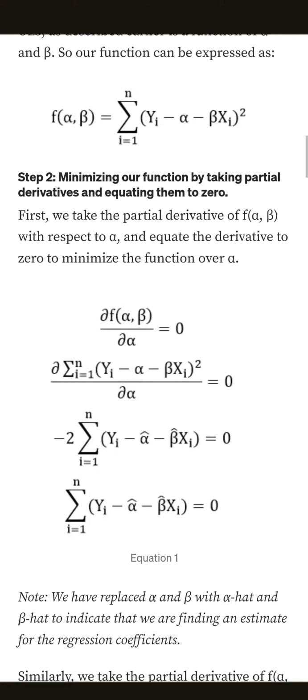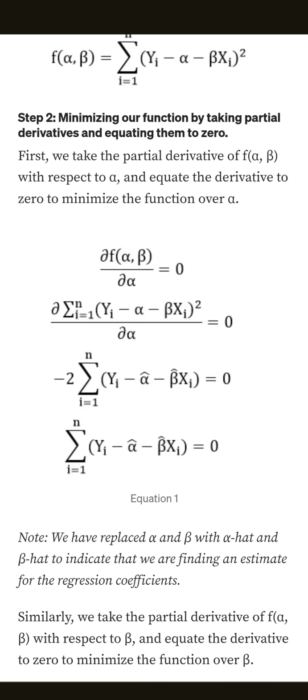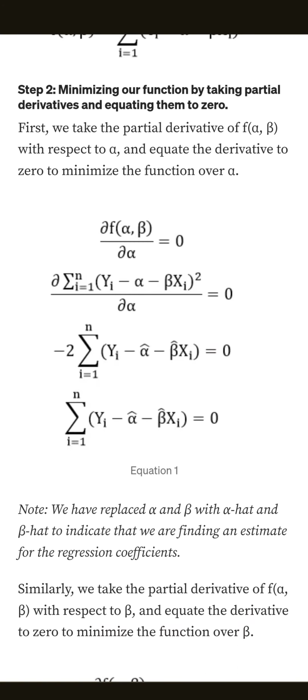Step 2, minimizing our function by taking partial derivatives and equating them to 0. First, we take the partial derivative of f of alpha and beta with respect to alpha, and equate the derivative to 0 to minimize the function over alpha. Partial derivative of f of alpha and beta with respect to alpha is equal to 0.